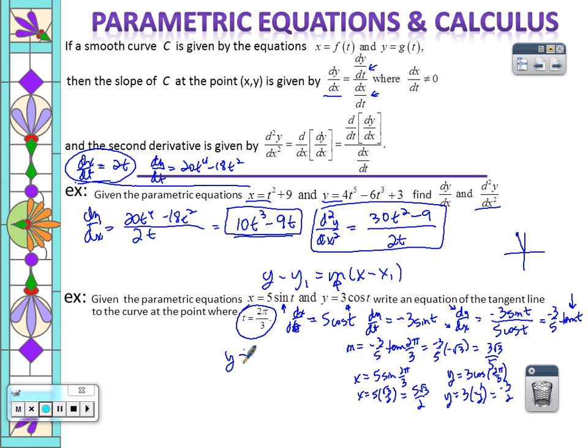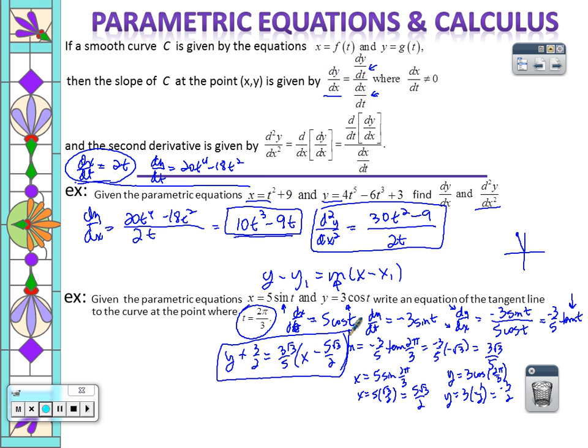So y plus 3/2 equals, our slope was 3 root 3 over 5, and then x minus 5 root 3 over 2. Kind of messy, but pretty straightforward, just the way we've been doing those before, just with a different kind of equation. Okay?